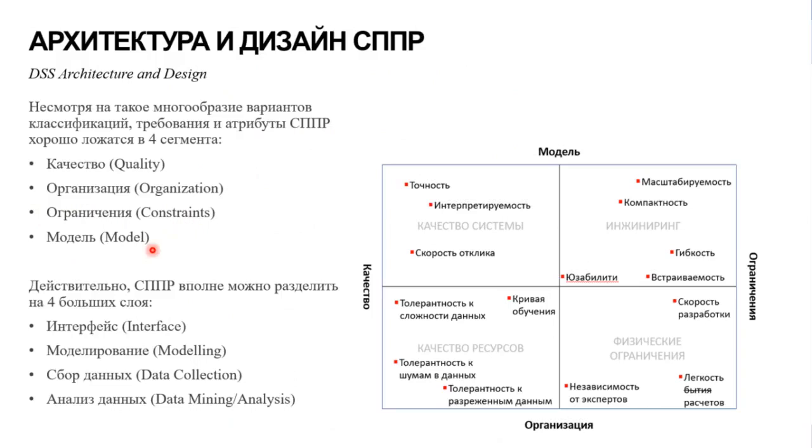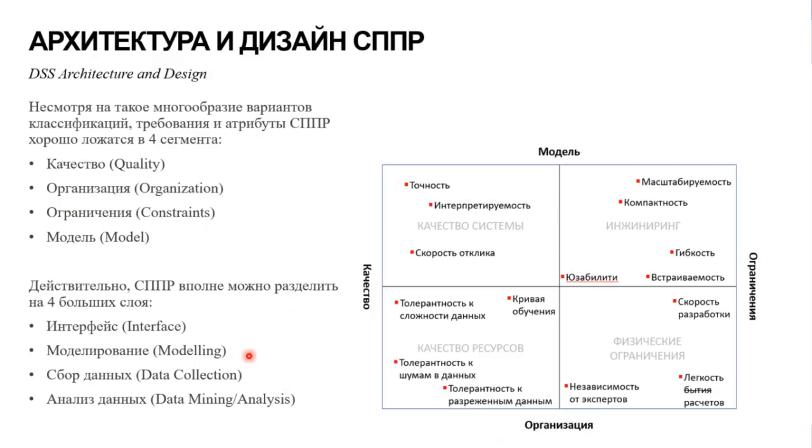Also, a few components we should take note of is that every decision-making system like this has an interface, and the interface is for communicating between the users and the system. We also have the modeling aspect, where the model or the algorithm works in the background.